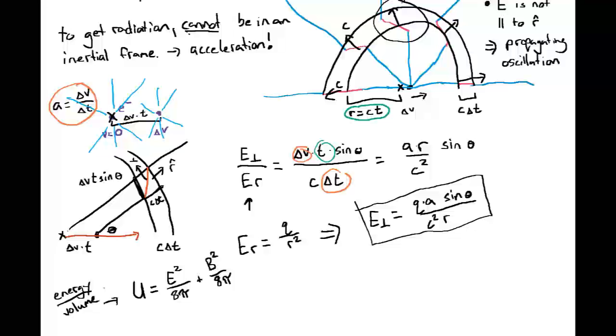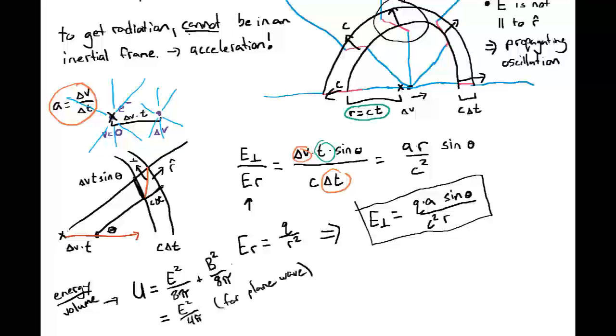And I'm going to take one little shortcut here, which is that because we know we have a plane wave oscillation that we're setting up locally here, and we know that for plane waves the magnitude of the E field and the magnitude of the B field must be the same, we say that B squared is equal to E squared. We can get the total energy density for an electromagnetic wave as E squared over 4 pi for a plane wave.